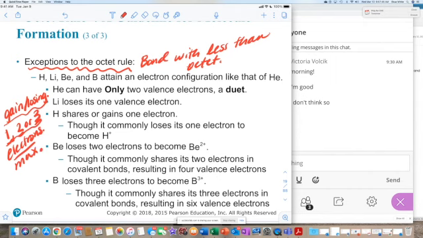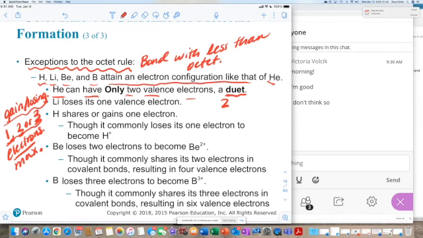Since we have this maximum limit, the first five elements can never follow the octet rule. For that reason, they're telling you here hydrogen, lithium, beryllium, boron attain an electronic configuration like that of helium. Helium can only have two valence electrons. So since it has two valence electrons, it's called a duet.